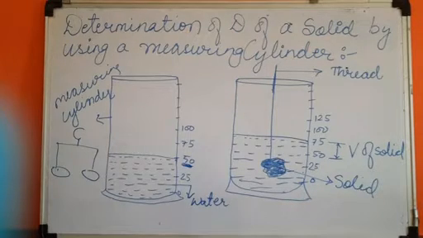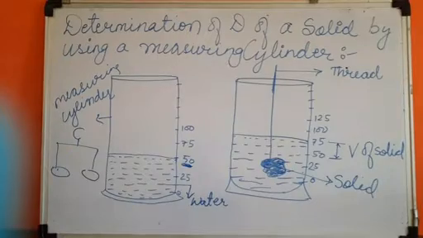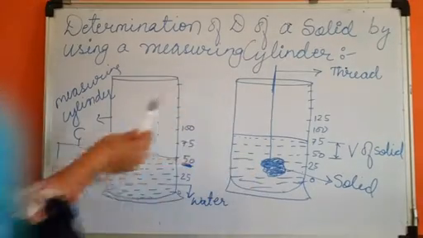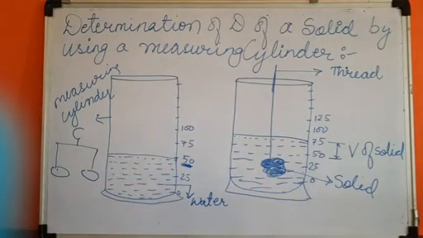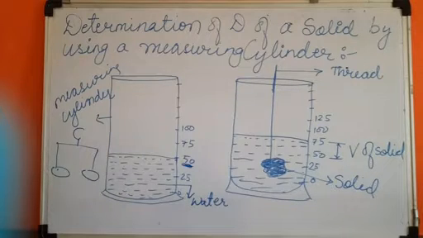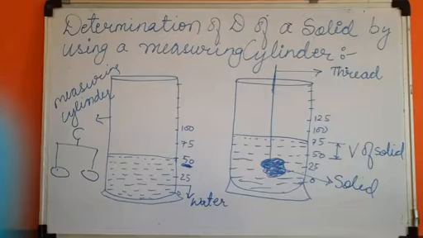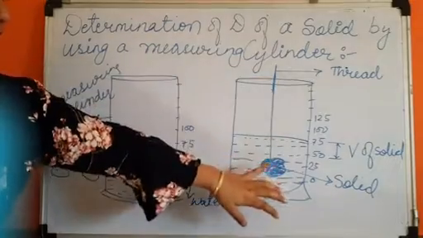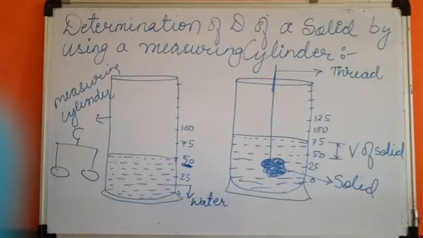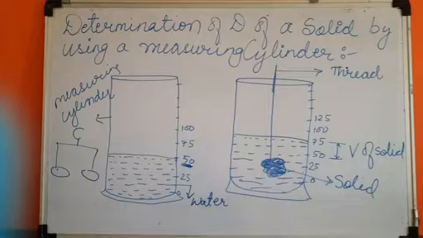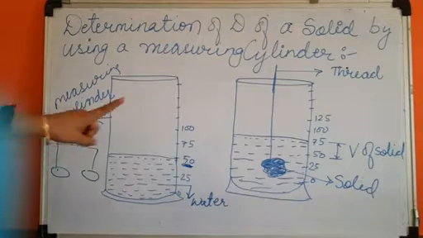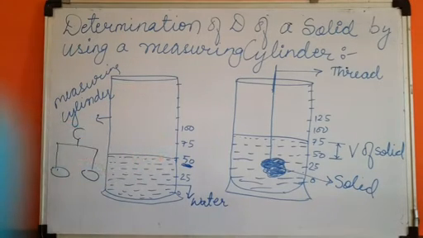Now, tie the given solid to a fine thread. This is a solid tied with that fine thread or cotton thread. And lower it gently in the measuring cylinder, inside the water, such that it is completely immersed in water.